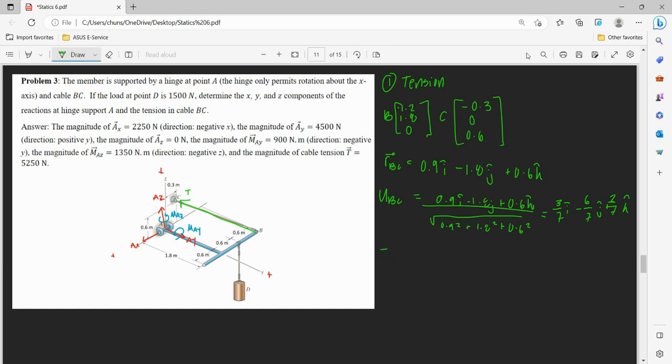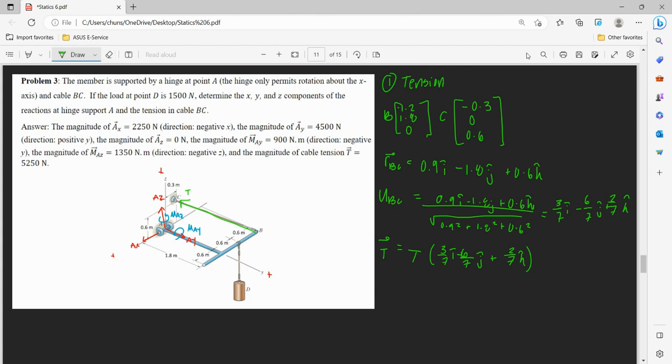Okay, so that means our Cartesian form of our tension is equal to the magnitude of our tension force, and that's 3 over 7 I minus 6 over 7 j plus 2 over 7 k. Right, so that makes up our x, y, and z components.